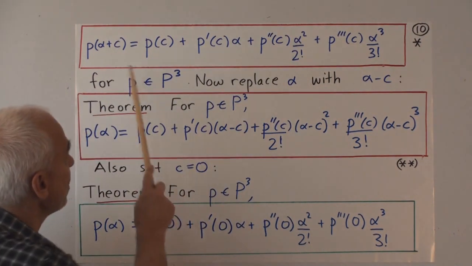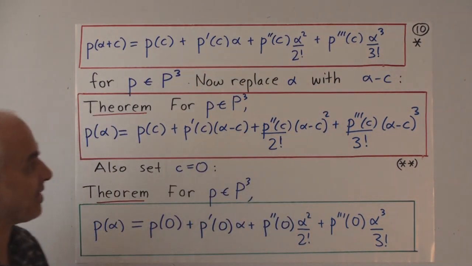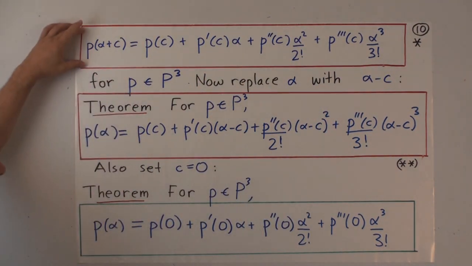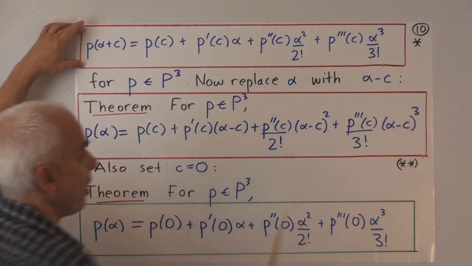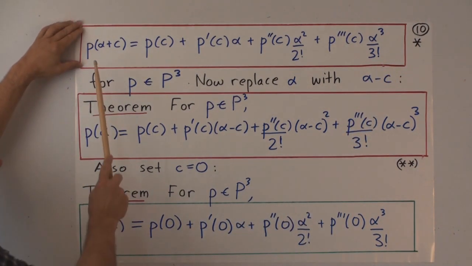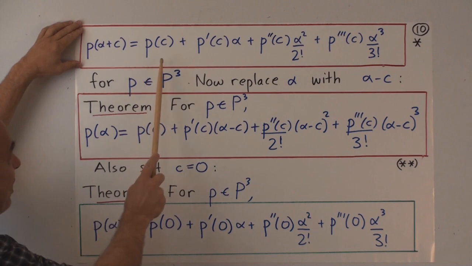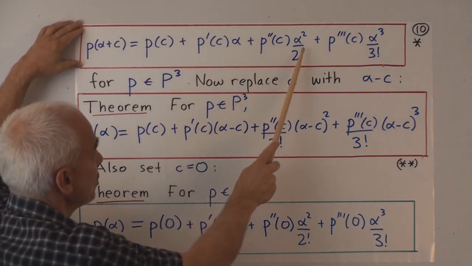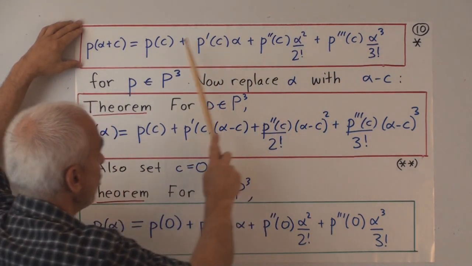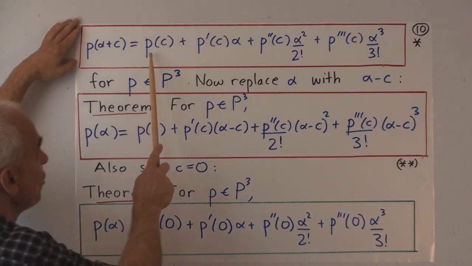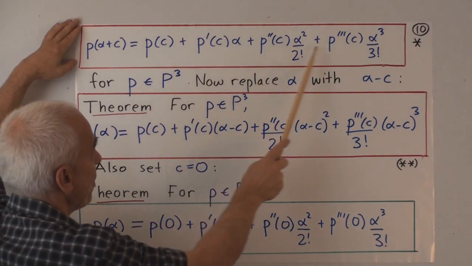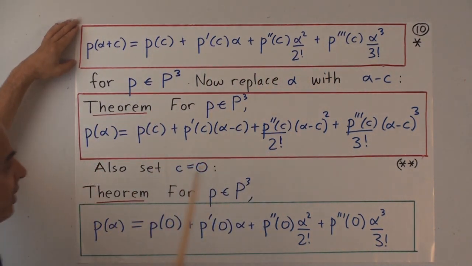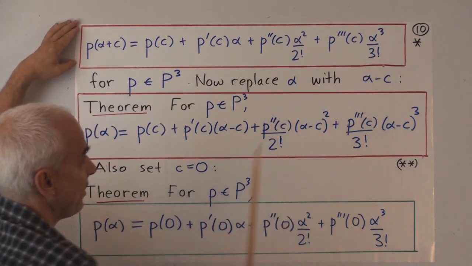That's a computation that we did on a previous slide. So I repeated that here, and I've called that star. It's the expression p of alpha plus c as a linear combination of 1, alpha, alpha squared, and alpha cubed, with the derivatives of the polynomial appearing there, and also some factorials in the denominators.